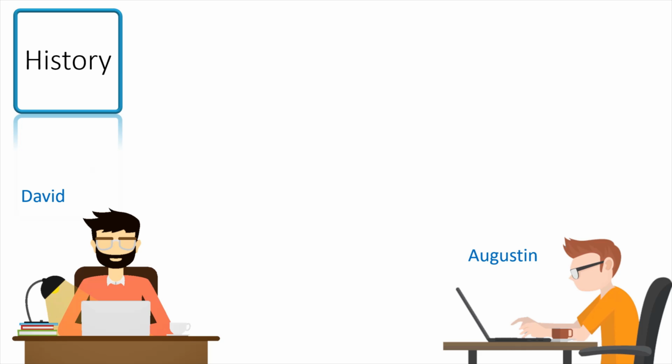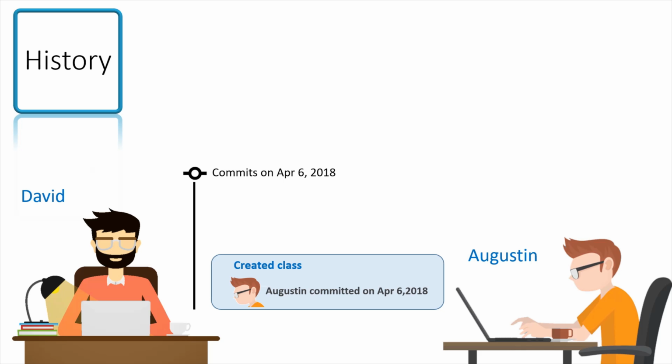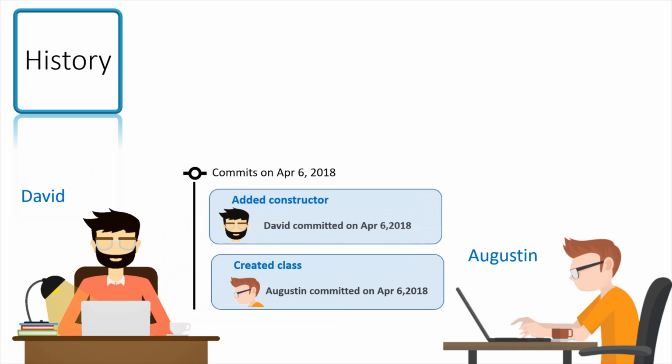Here you see there are two developers, David and Augustine. They are committing some code on April 6. He is creating a comment like created class, and this commit was done by Augustine. Another developer named David is editing the file which was committed by Augustine and he has added a comment, added constructor.